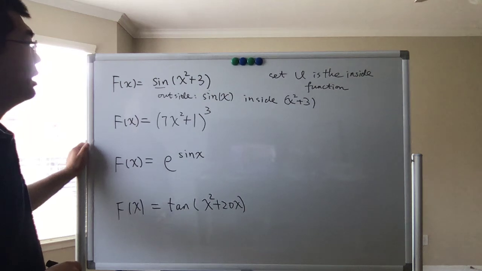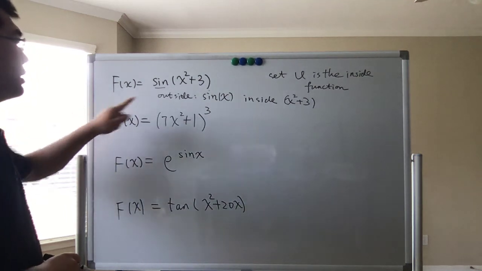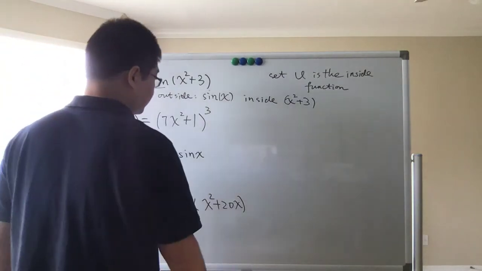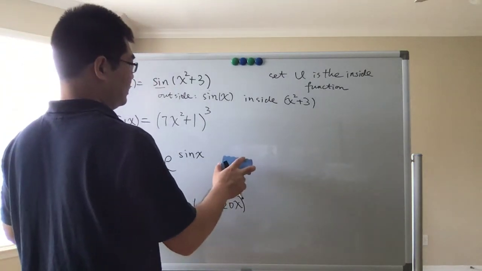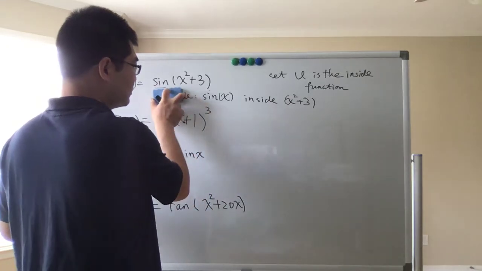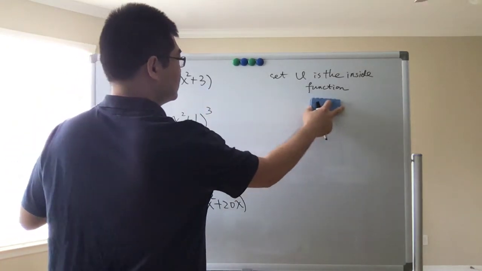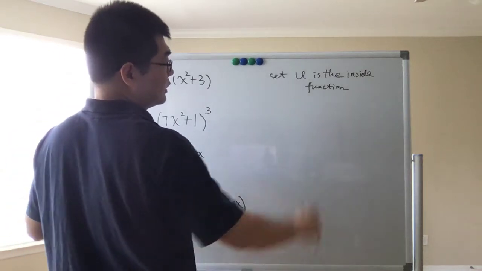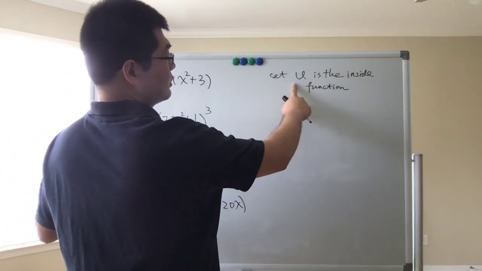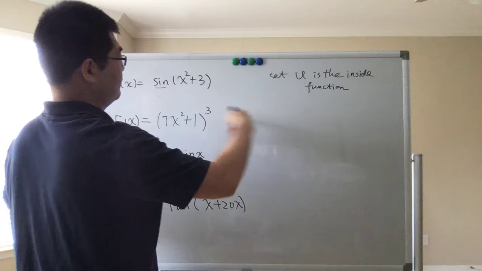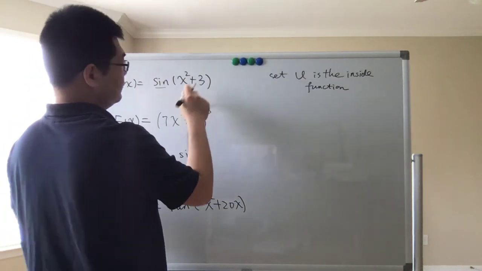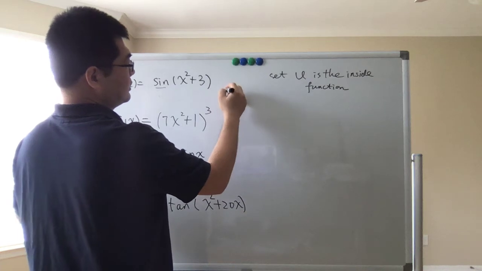And based on this, guys, let's rewrite this part with this new notation u, because we said u is the inside function. Then do you see that overall this function can be rewritten in this format?